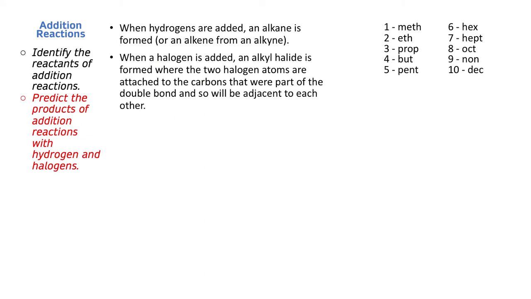Cool. When hydrogens are added, an alkane is formed. Let's have a look. If I do 2-butene plus some hydrogen gas, that double bond is going to break and form a single bond instead. I'm just going to draw these out to show you how many were there in the first place.